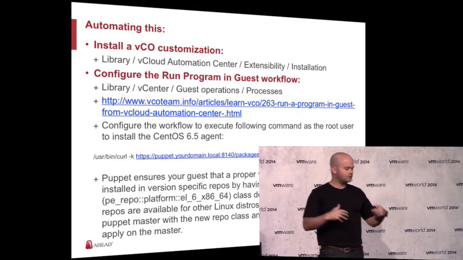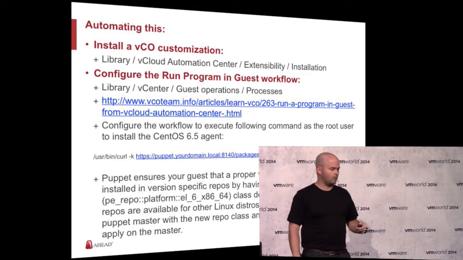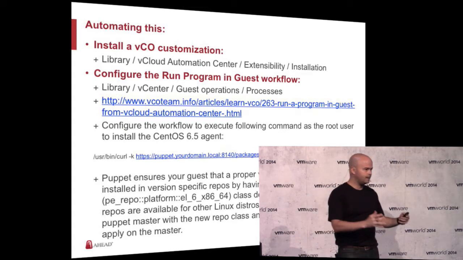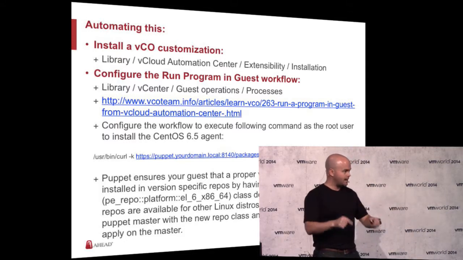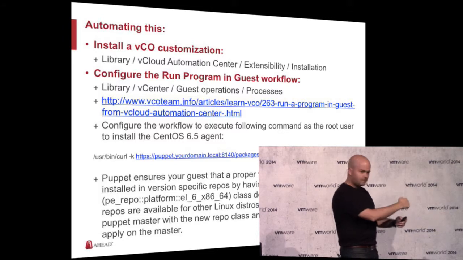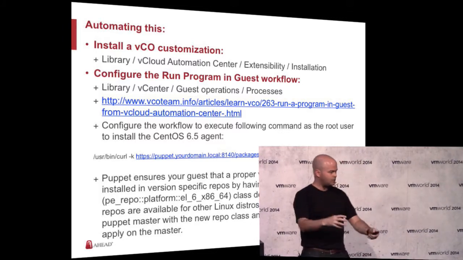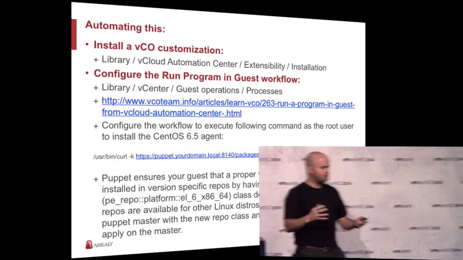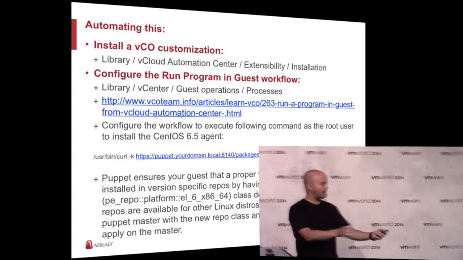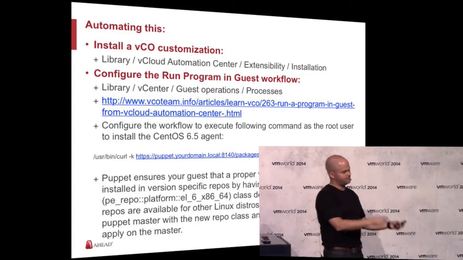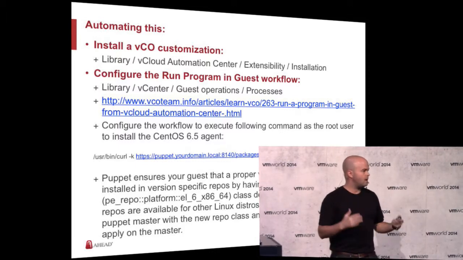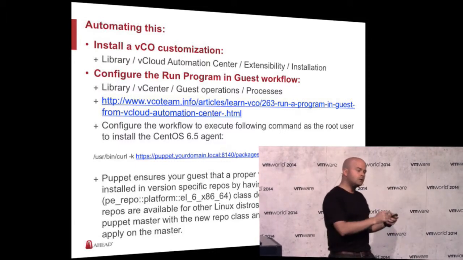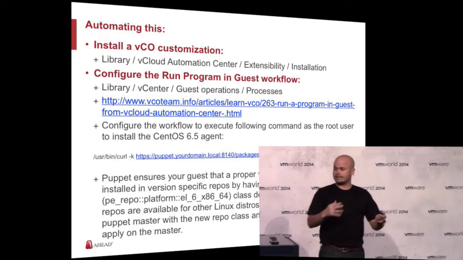And what that does is actually run that agent installer for you. So realistically, getting this integrated is as simple as running this VCO workflow in that guest VM. That guest hits my Puppet master server, downloads the agent, runs the installer, and magically, if you log into your console, you'll see, hey, I have a new certificate request, I have a new machine that wants to join my Puppet managed domain, and you can click either accept or reject.